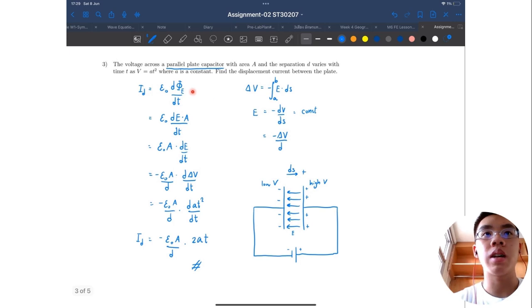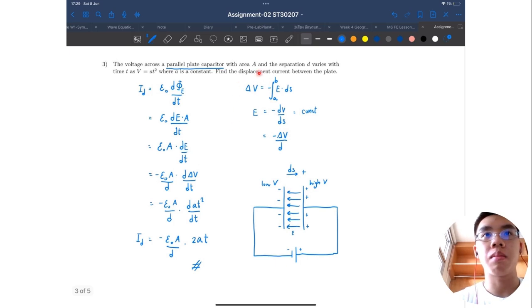The electric flux is the dot product of the electric field and the surface area. We can pull the surface area A out of the derivative because A is constant, so we get the differentiation of the electric field with respect to time.